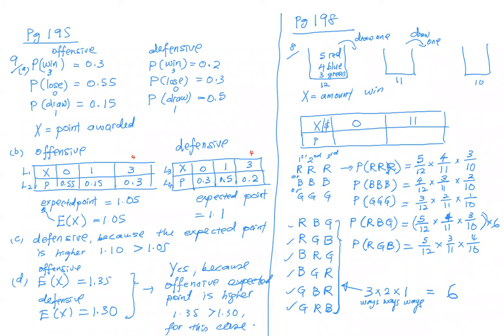Am I too fast? 0.3. Okay, I'll give you time to calculate. 5 times 4 times 3 plus 4 times 3 times 2.